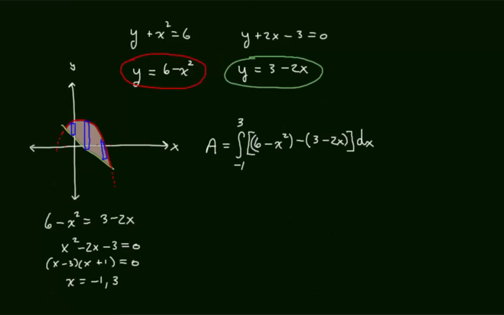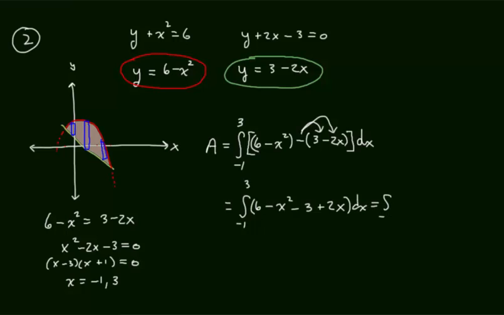If I do that for the second example, example number 2, then it is in my best interest to simplify first. So I will distribute here. So this is going to be the integral from -1 to 3, 6 minus x squared minus 3 plus 2x dx.